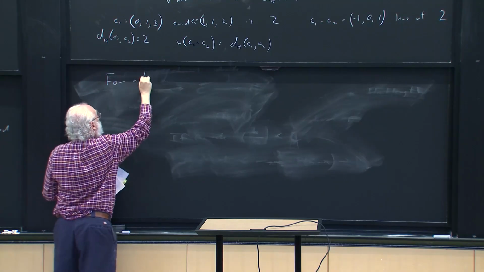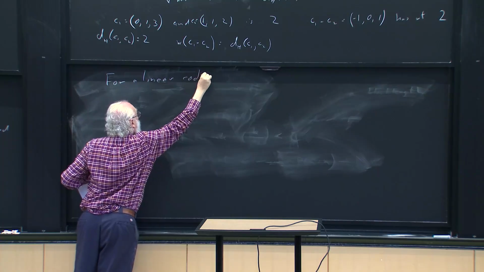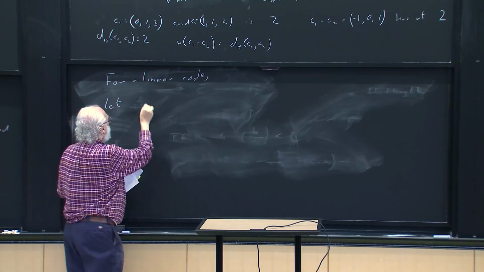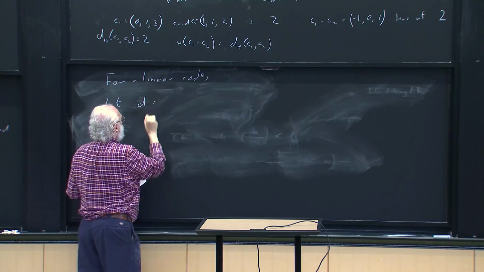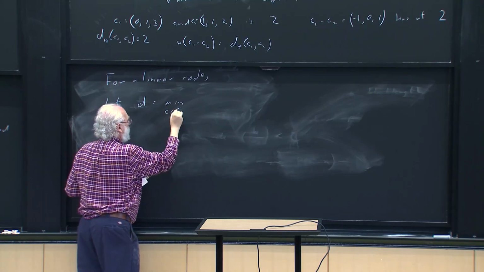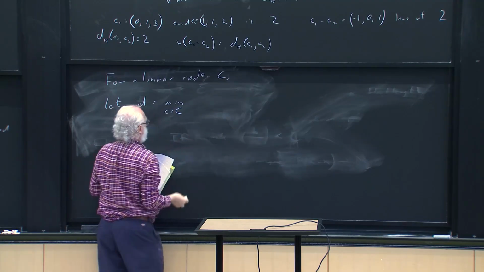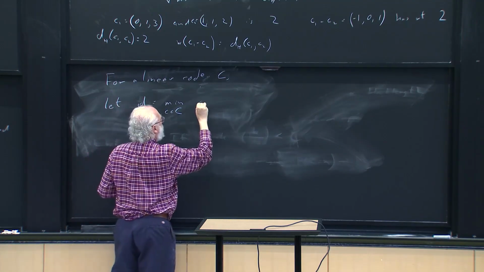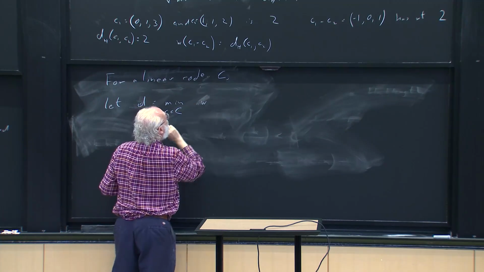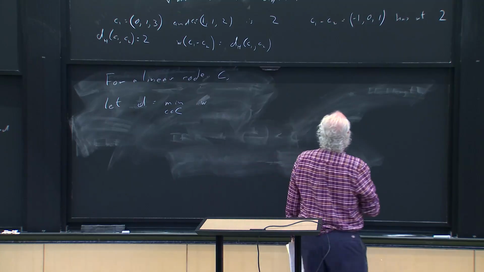For a linear code, let D equal the minimum over all code words in the code of the Hamming weight. What did we use for Hamming weight?